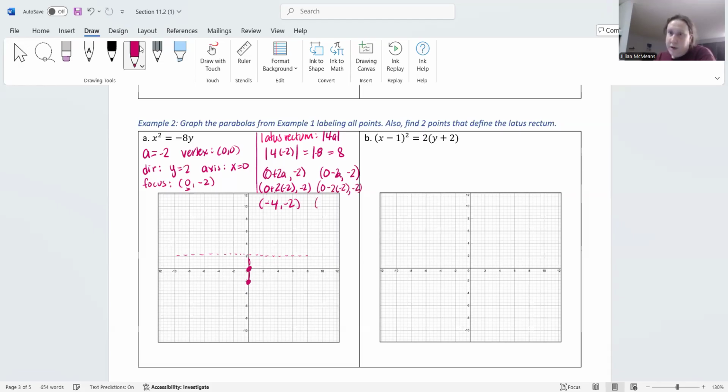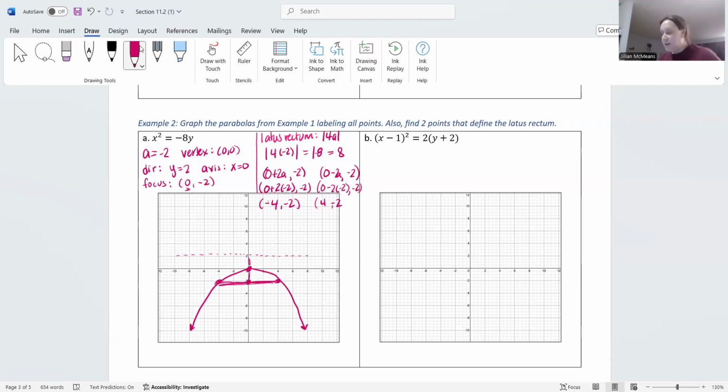Well, -2 times -2 is 4, so we get 4, comma, -2. So we want to plot these points here and here, and that helps us build our parabola. So our parabola is going to do this. Pretend it's perfect. Okay, so this right here, that's what we're talking about with the latus rectum. This distance from here to here.